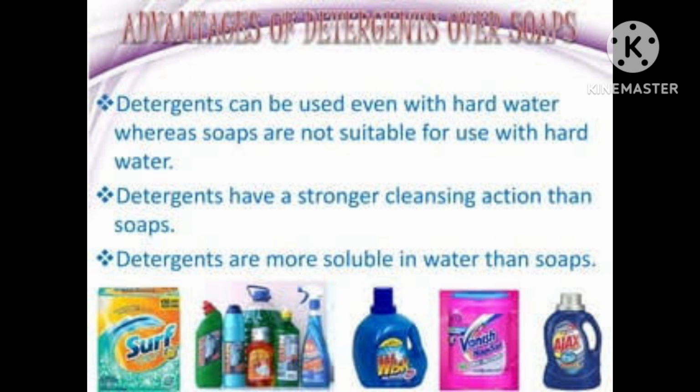Then the tail is a water hater. It doesn't want water, and its name is hydrophobic. Hydro means water, phobic means hater. These tail and head have the main role in cleaning the dirty cloth.